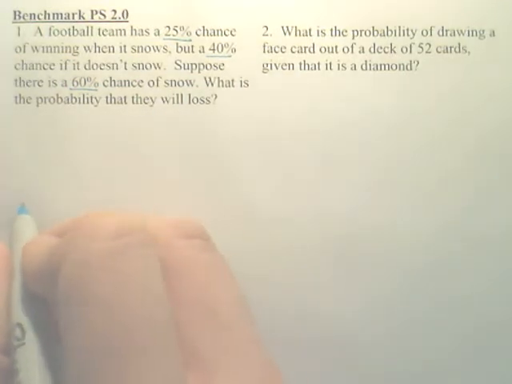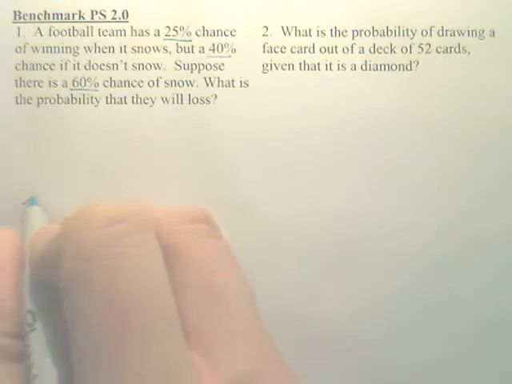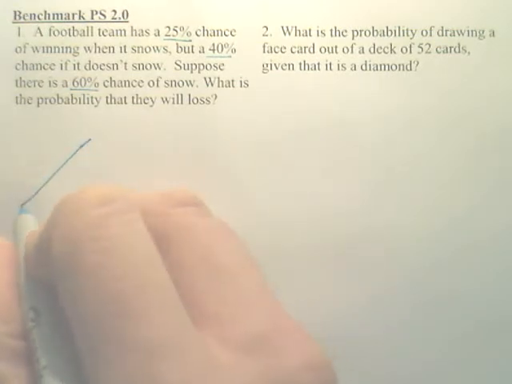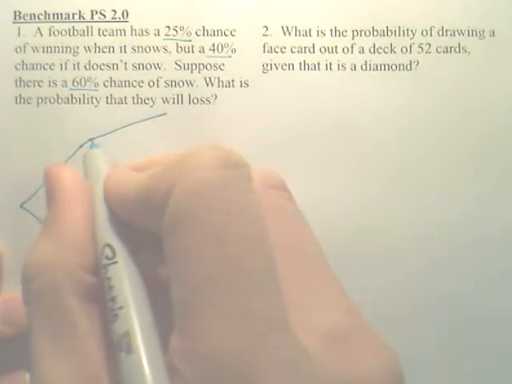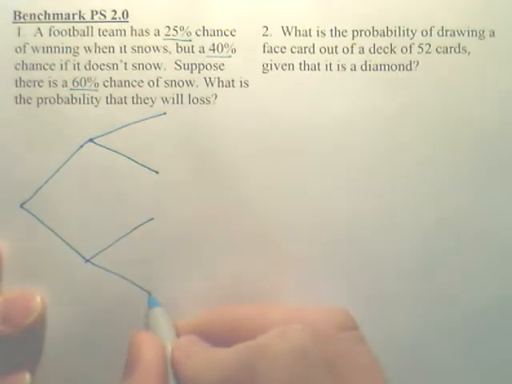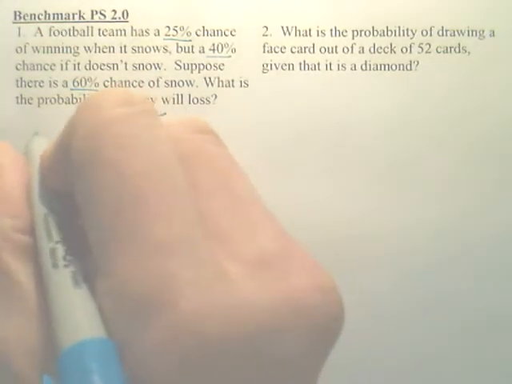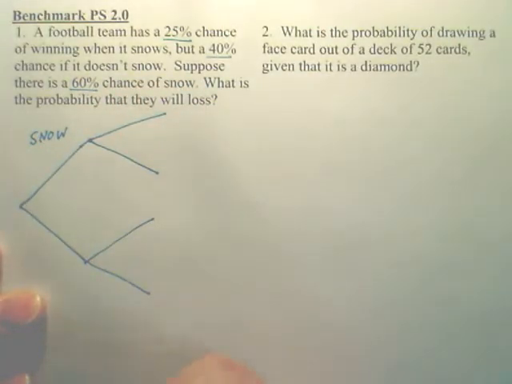So all this, trying to get it together, what we're trying to say is as follows. We have two events. The first event is if it's going to snow. First of all, we're asking, is it going to snow?